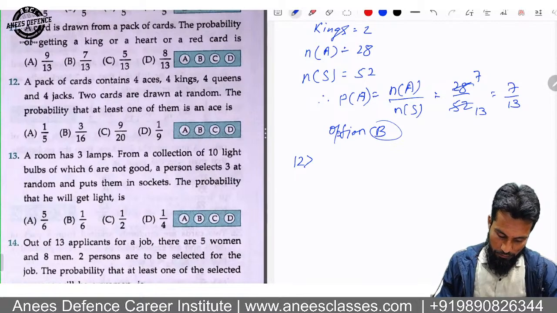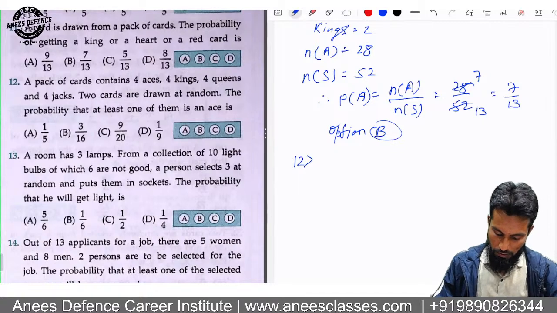Question number 12. 4 aces, 4 kings, 4 queens and 4 jacks. There is a pack of cards where all these cards are available. 2 cards you have to draw. The probability that at least one of them is an ace. So there will be cases. At least is there, no? So 1 ace or 2 aces.